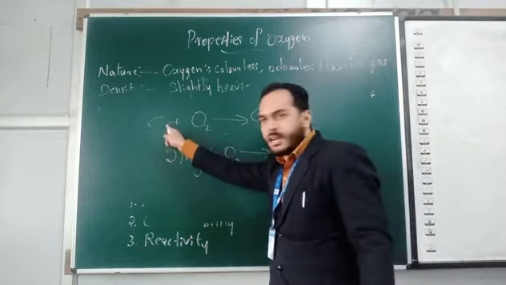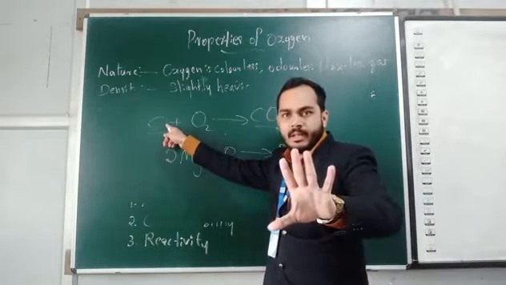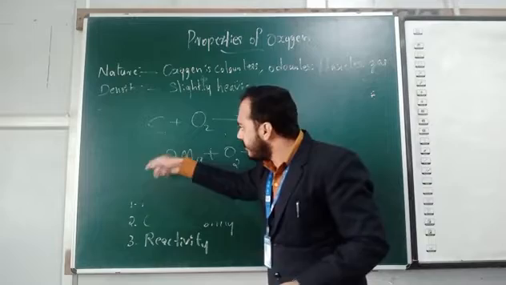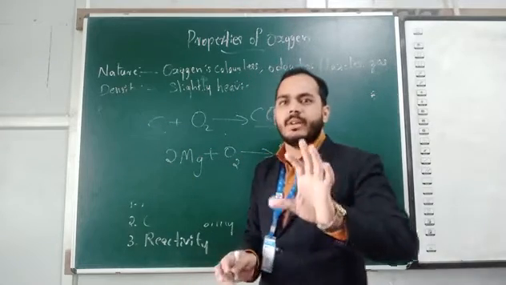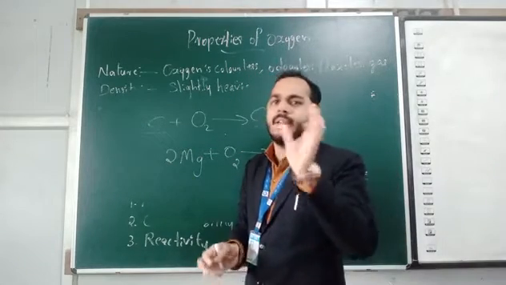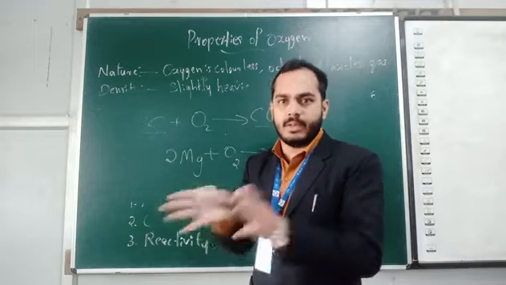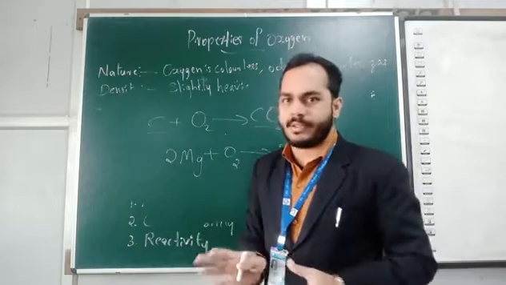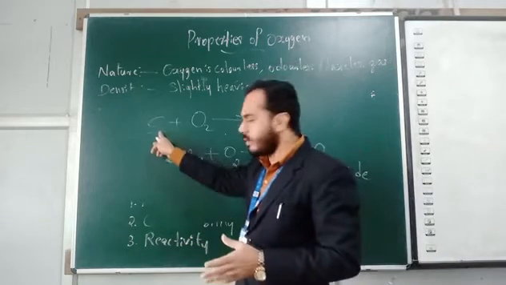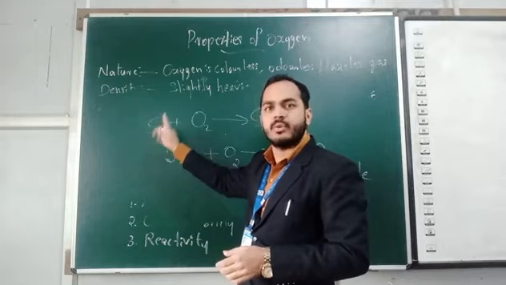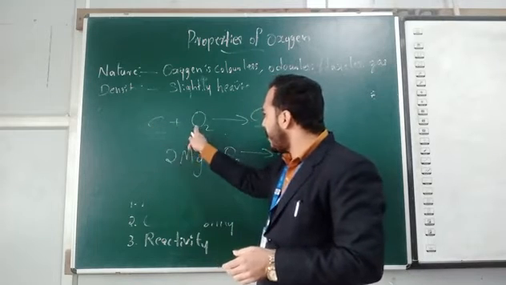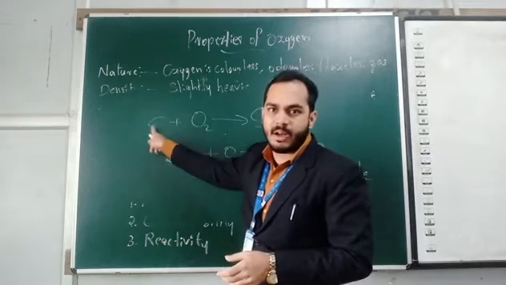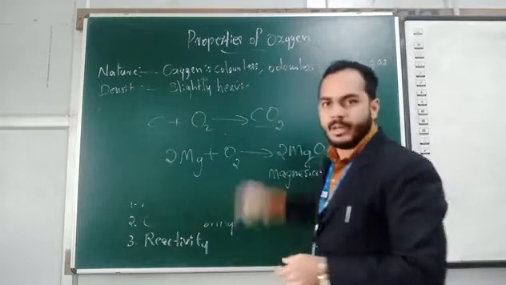Here carbon is one of the non-metals, and we can call it coal, which is one of the fuels. If any substance wants to burn, it needs oxygen. Here I am taking the non-metal carbon, or coal, and it reacts with oxygen to form carbon dioxide.